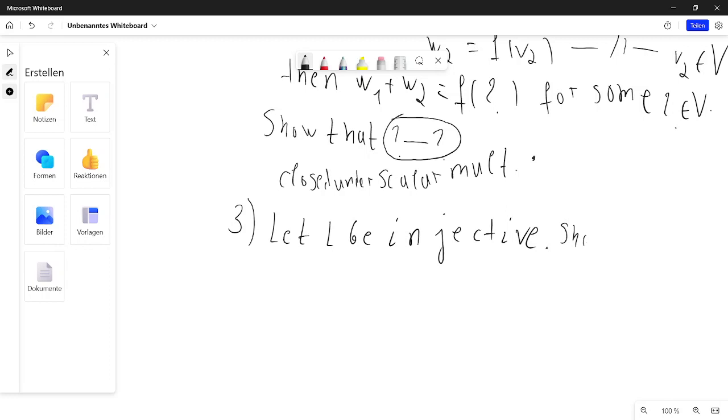So the kernel of L is a subset of the zero vector. There are no other vectors in the kernel of L than the zero vector. And here, of course, we mean zero in V, the element, not the set, which would not make any sense. Well, how do we show that?